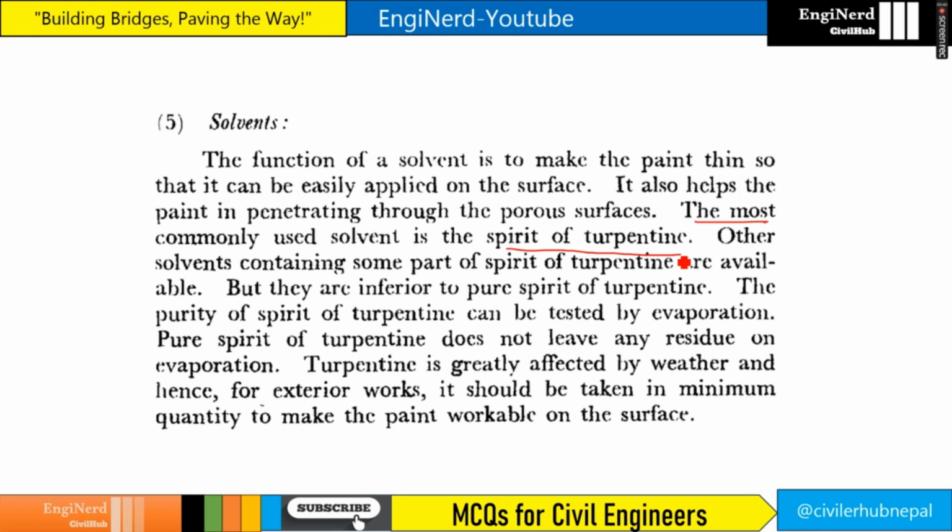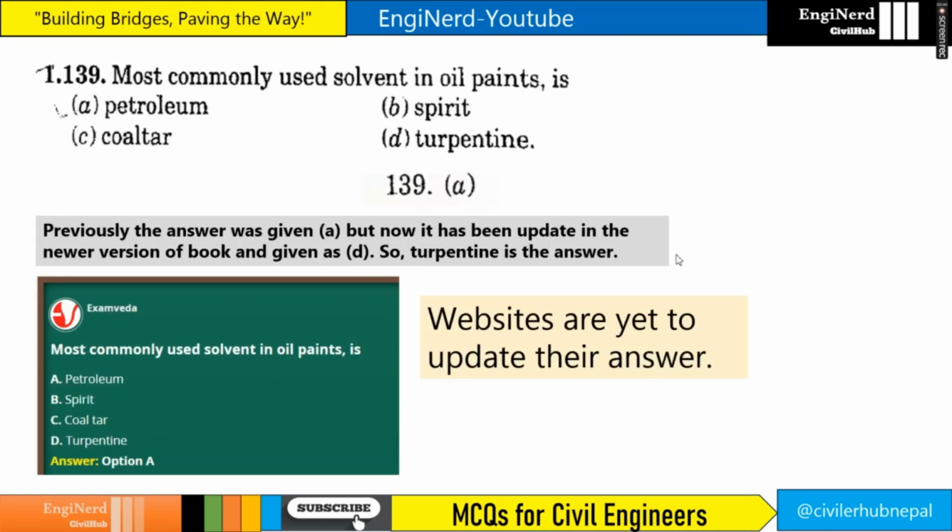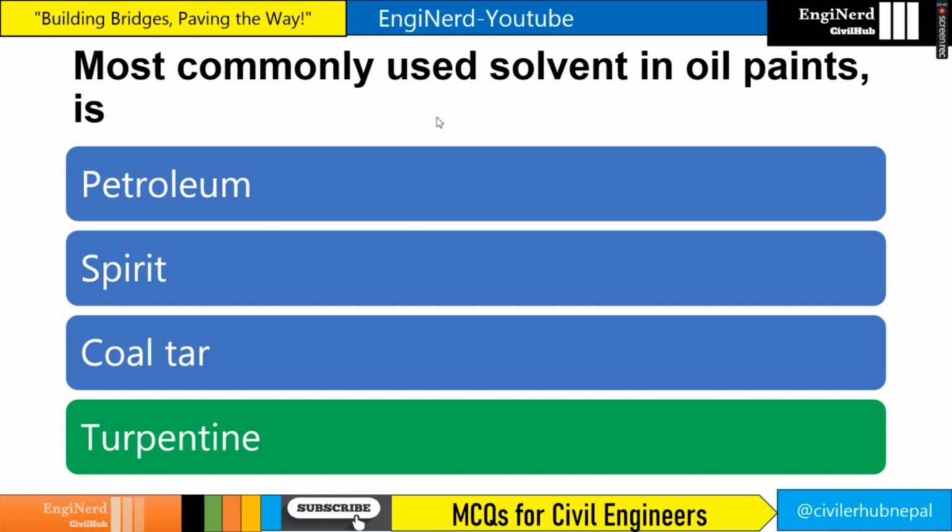But if naphtha and turpentine are present and both A and B is also present, then our answer will be both A and B. In the previous version of Agor's book, the answer was given as petroleum, and many people get confused nowadays that the answer is petroleum, but it has been updated in the book, and now the answer is option D, turpentine. These websites are yet to update their answer. Most commonly used solvent in oil paints is turpentine.